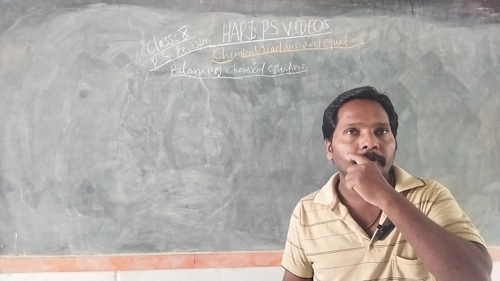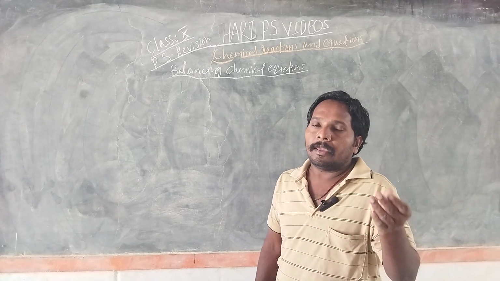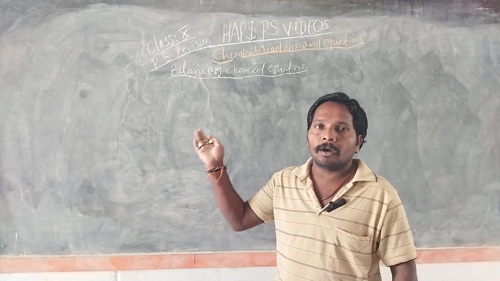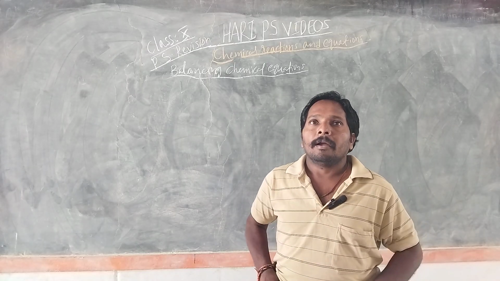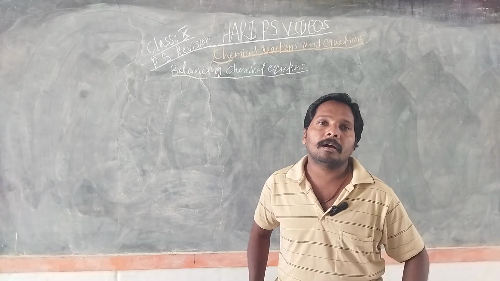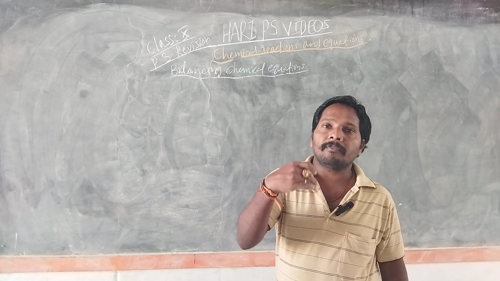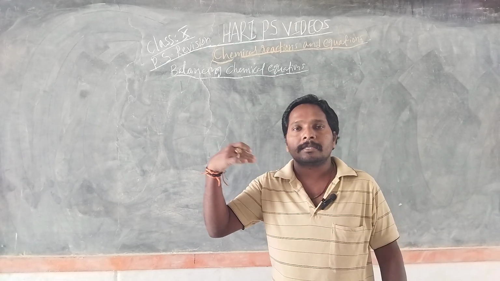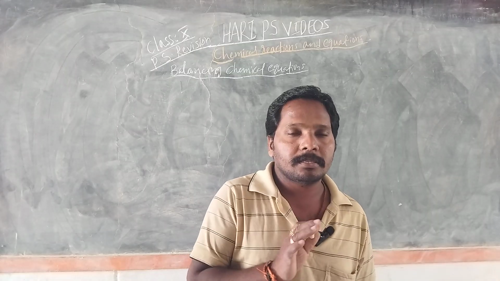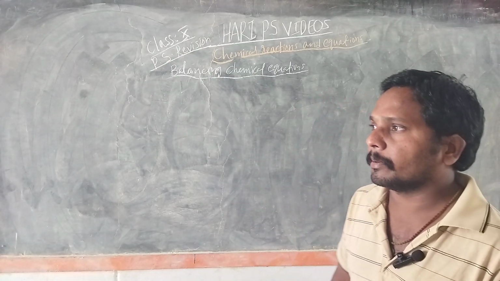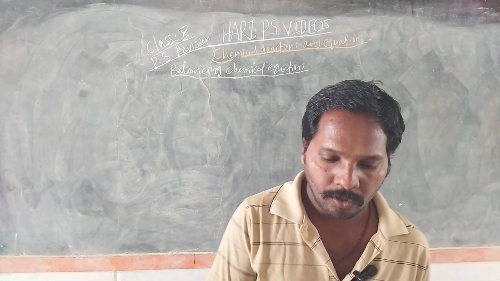The number of atoms in the reactants must equal the number of atoms in the products. So, if x number of atoms are involved in the reactants, then the same x number should be in the products. Such an equation is called a balanced chemical equation.